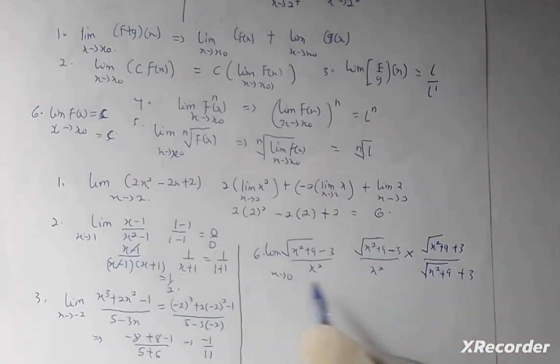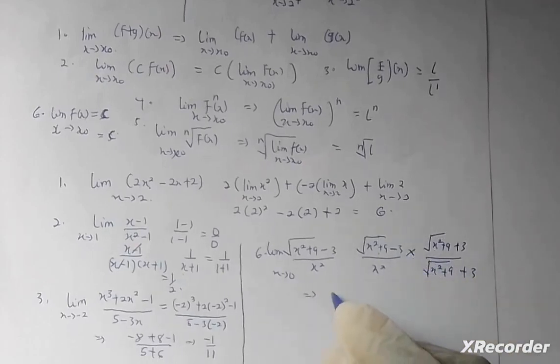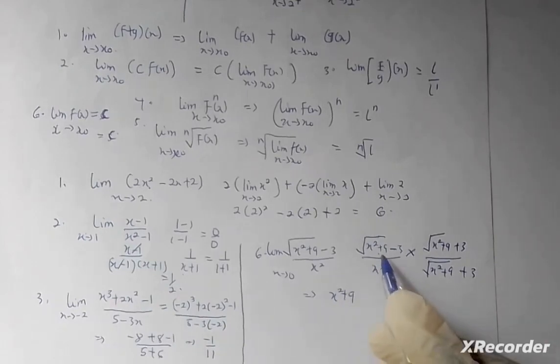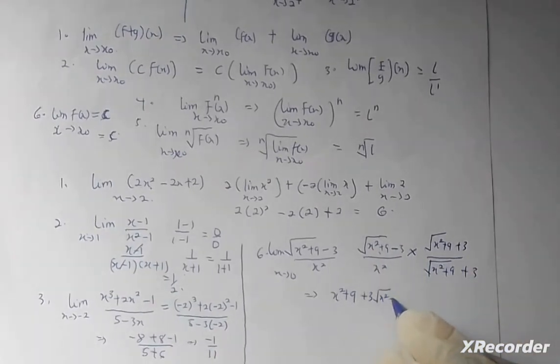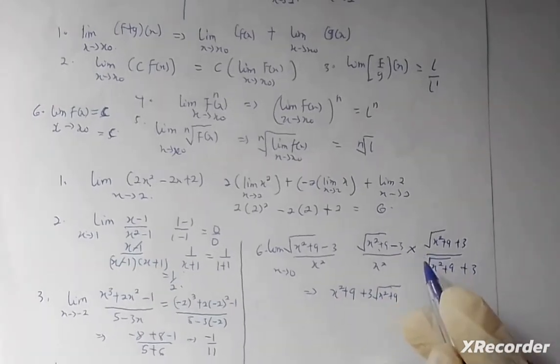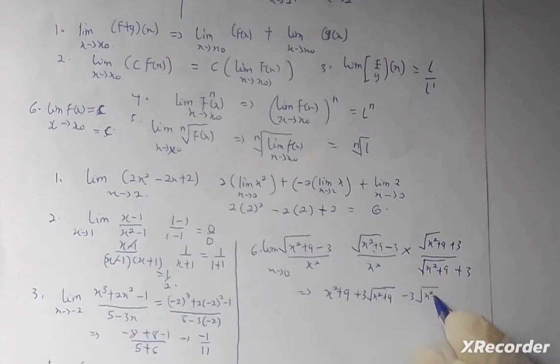So let's see what we're going to get. At this point, this will multiply this, and I'm going to get s squared plus 9, seeing the square root will vanish. Then I'll multiply this by this positive 3, so I get plus 3 square root of s squared plus 9. Then I'll multiply this negative 3 by this, and I'm going to get minus 3 square root of s squared plus 9. Then minus 3 times 3, minus 9.